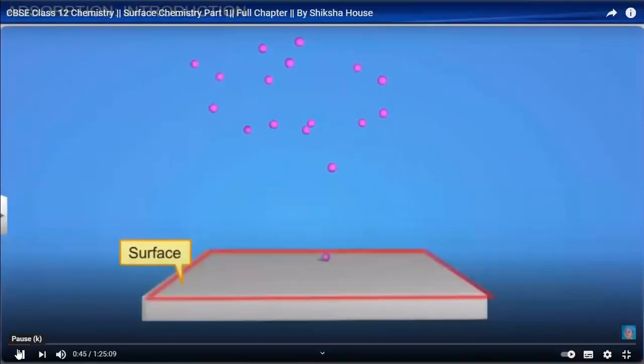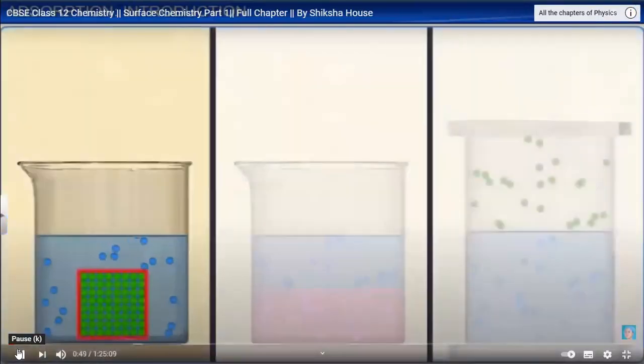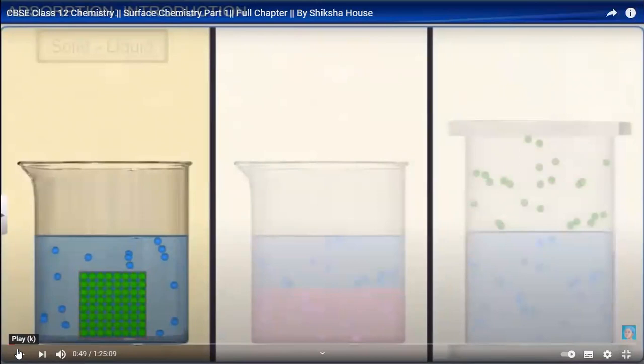For example, there are two phases, the solid phase and the gaseous phase. These two different phases stick together. Gas does not penetrate that much inside the solid surface, so it just sticks to the surface. Gaseous phase and solid phase.